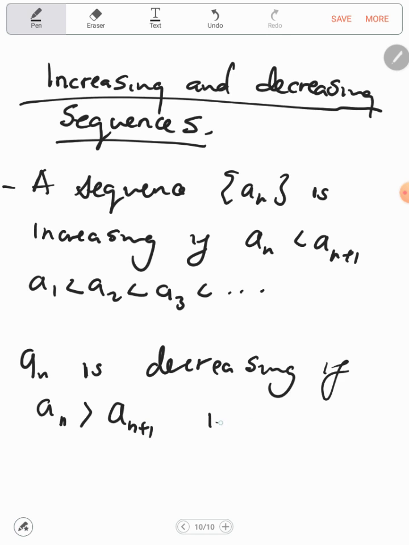So that is the case where you have a_1 greater than a_2 greater than a_3, and it goes on. Any sequence that is either increasing or decreasing is known as a monotonic sequence. Okay, so let's have some examples.